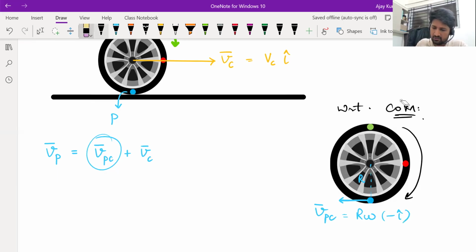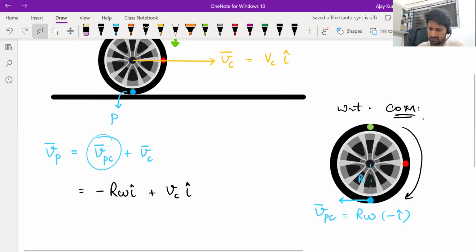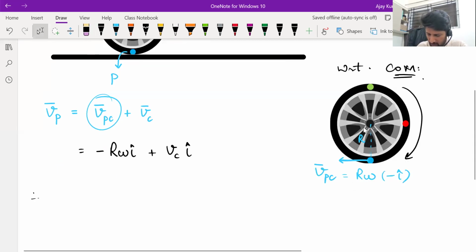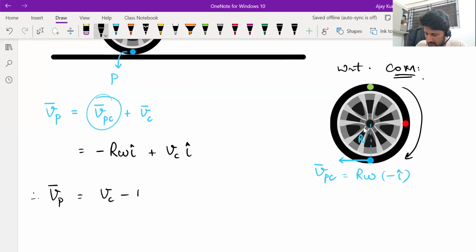Therefore, velocity of P with respect to center is minus R omega i cap and velocity of center is Vc i cap. Therefore, the effective velocity of the point of contact between the wheel and the ground becomes (Vc minus R omega) i cap.